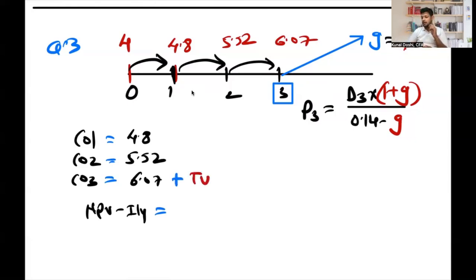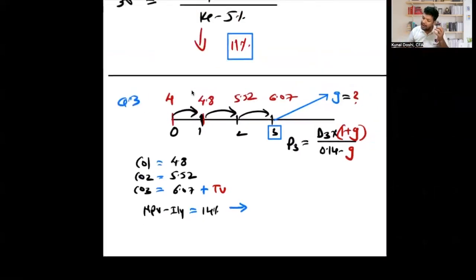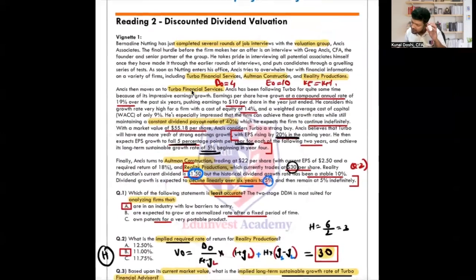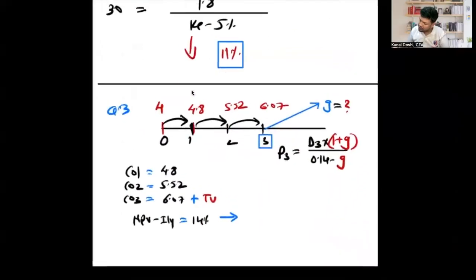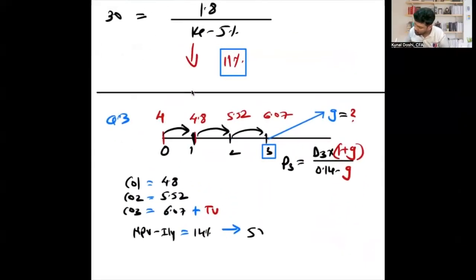Understood, everyone? This discounted at 14 percent should give me the present value, which is based on the market price. What is the market price they have given me for Turbo? The market value is 55.18.